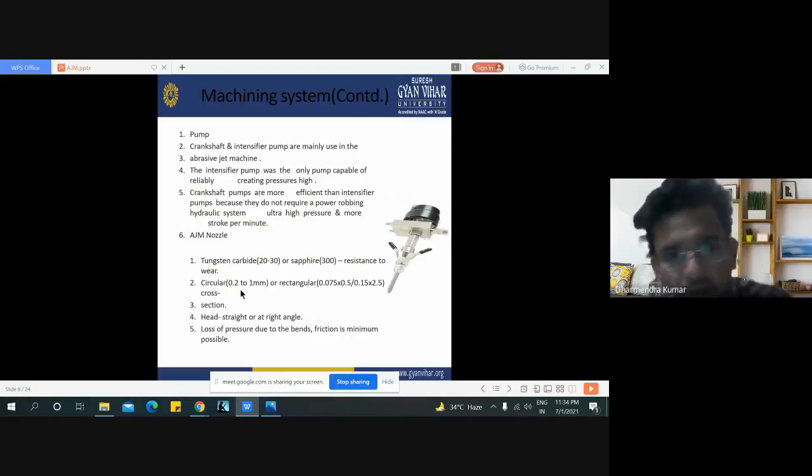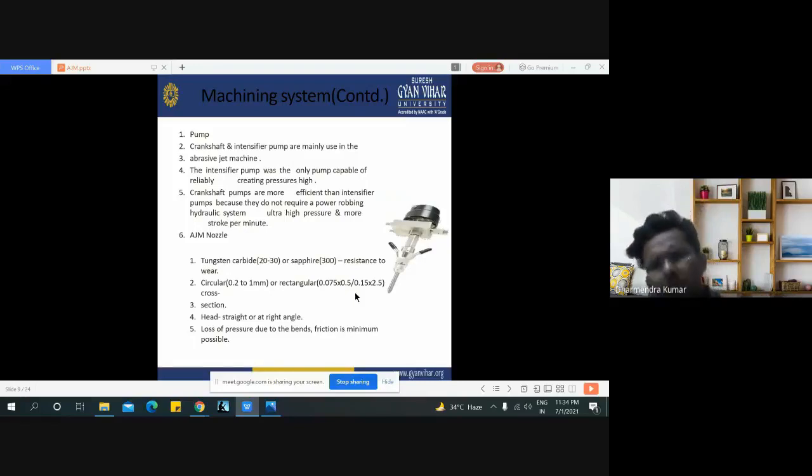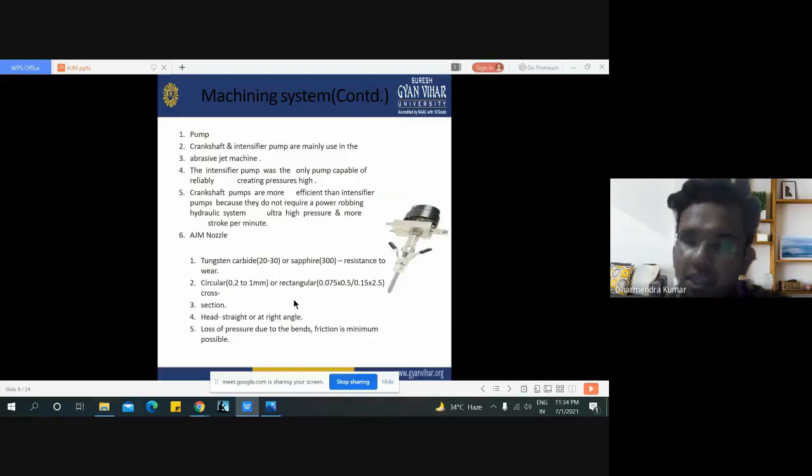It has a circular diameter of 0.2 to 1 mm, or is rectangular in shape, 0.075 by 0.25 or 0.15 by 2.5 mm cross-sectional area. The head may be straight or at a right angle. These are the requirements of the abrasive jet machining nozzle.